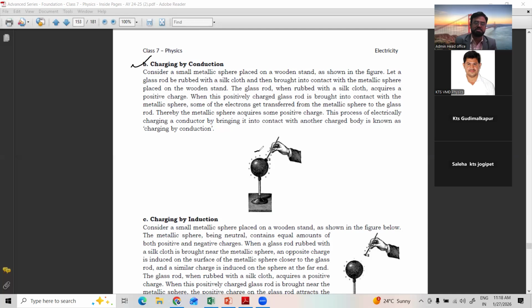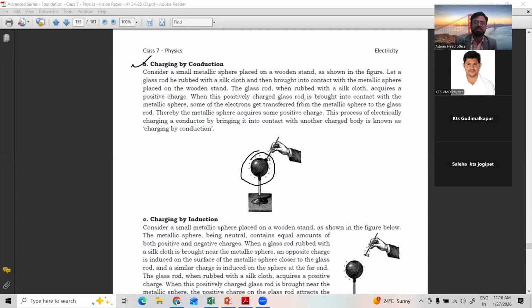It's a metallic sphere kept on a wooden stand as shown. Let a glass rod be rubbed with the silk cloth, and then brought into contact with the metallic sphere placed on the wooden stand. The glass rod, when rubbed with the silk cloth, acquires a positive charge.